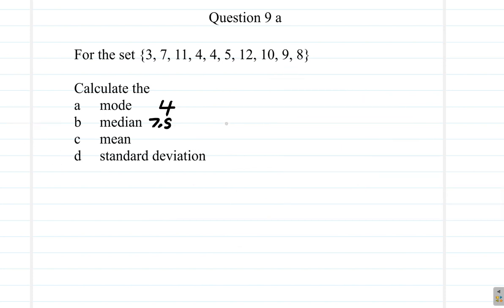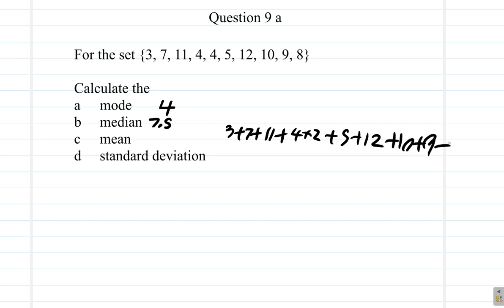What about the mean? Okay. We're going to add them all up and divide by the number of numbers. There are 3 plus 7 plus 11 plus 4 by 2 is 8 plus 5 plus 12 plus 10 plus 9 plus 8.